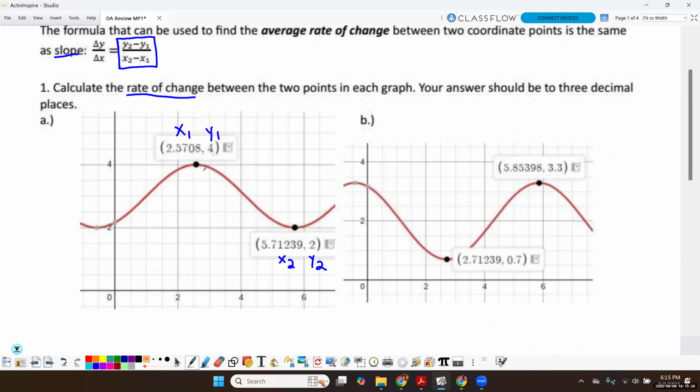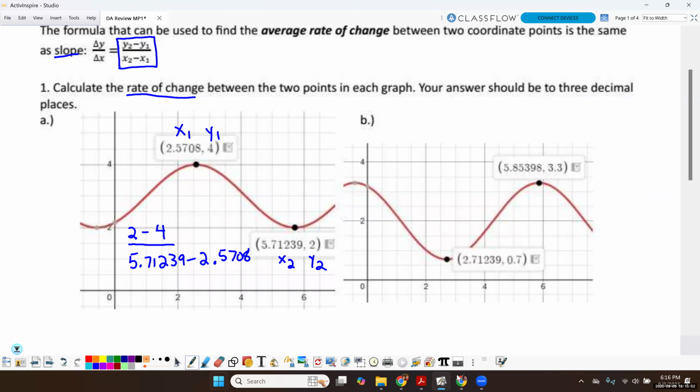You can see in this first problem, y2 is 2. So we're going to do 2 minus 4 divided by x2 minus x1. Now I want to note that the directions say your answer should be correct to 3 decimal places.